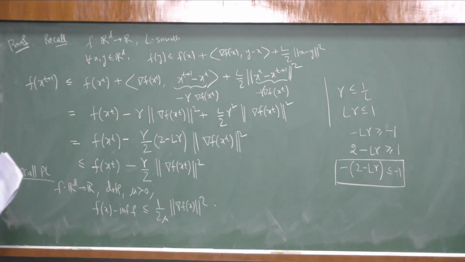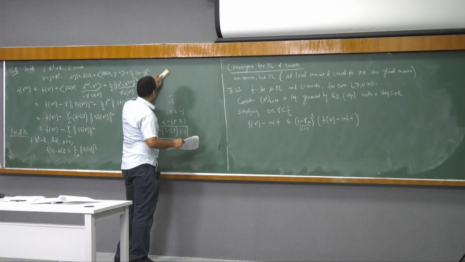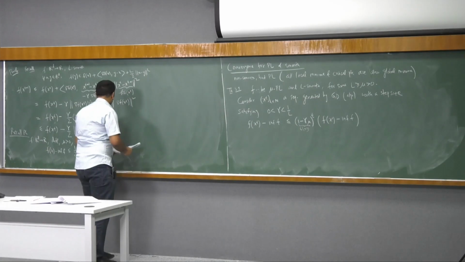This was the PL condition, right? So if we apply that, we want to get rid of that grad fxt, right? So we need a negative of that. So negative of that will be less than or equal to fx minus infimum, and obviously there are constants involved. So this is like 1 or 2 lines more.